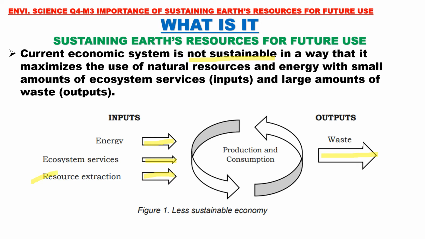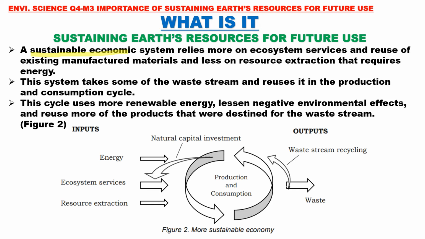Natural resources and energy are overconsumed, lots of waste is produced, the economy grows, but it has a negative impact on the environment. A less sustainable economy is one that has the worst impact on the environment.